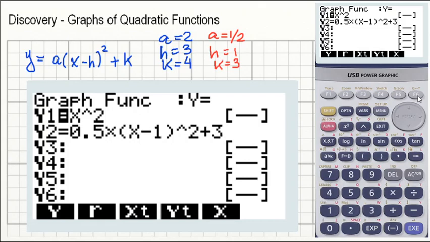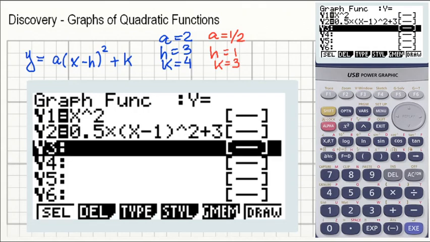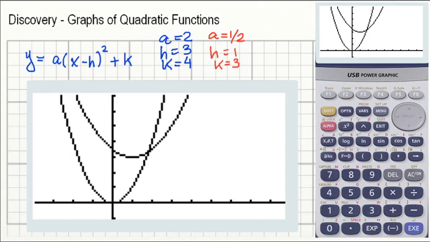plus 3. Remember that the negative inside of the bracket is going to shift your function right. That's very important, and it's a very common mistake. So enter, draw, and there we go. Let's trace.